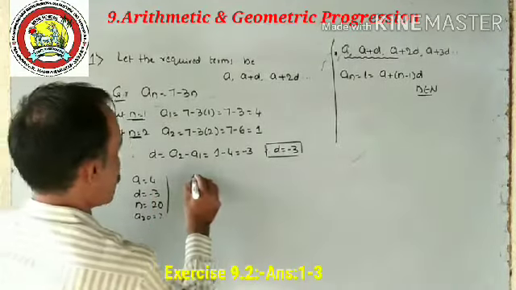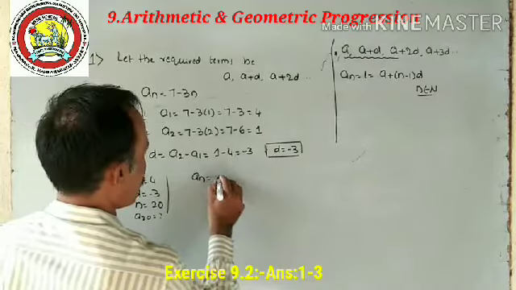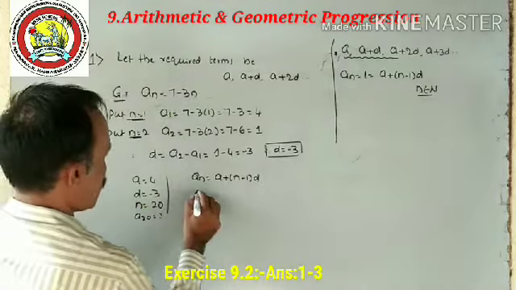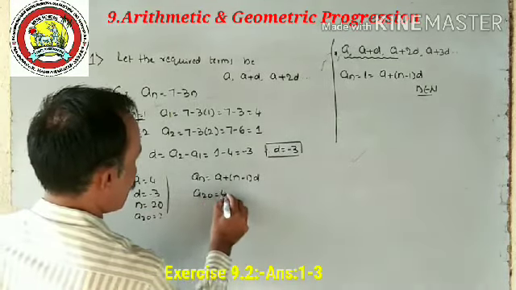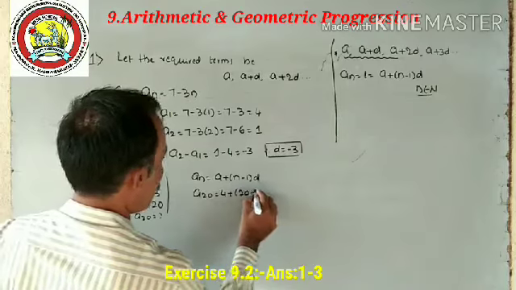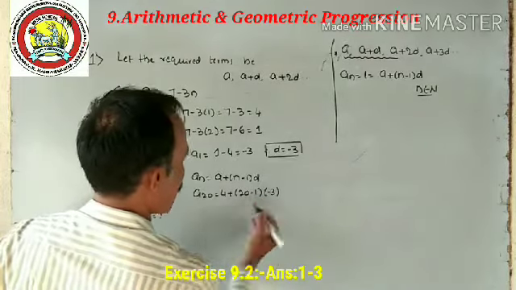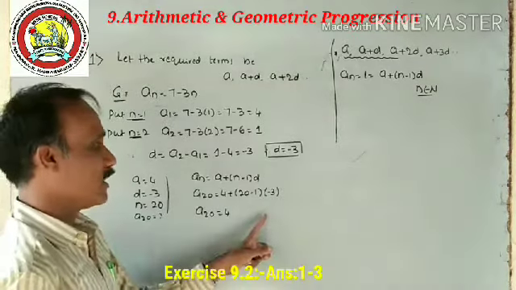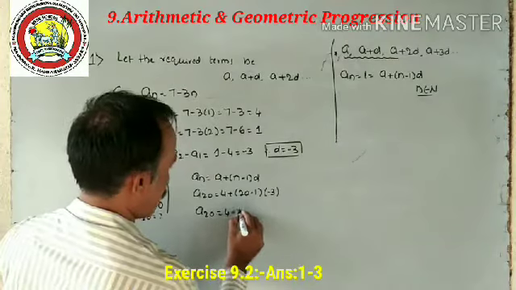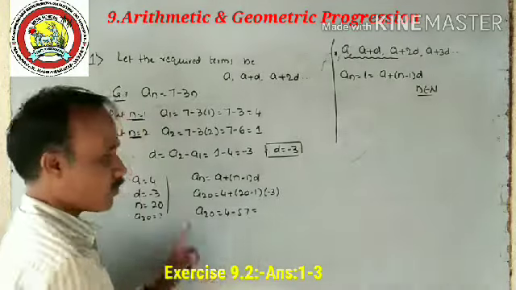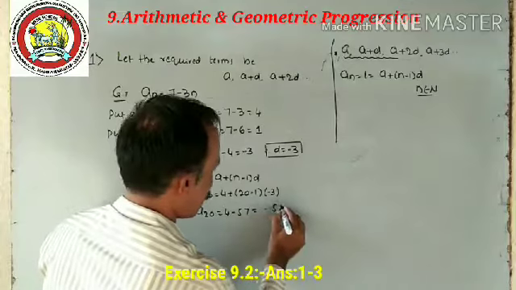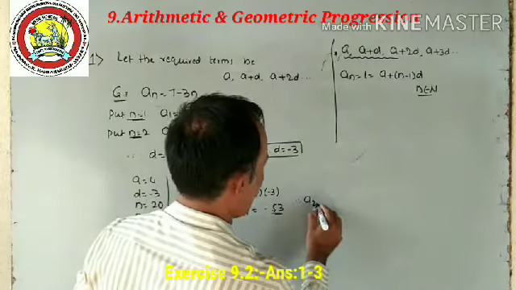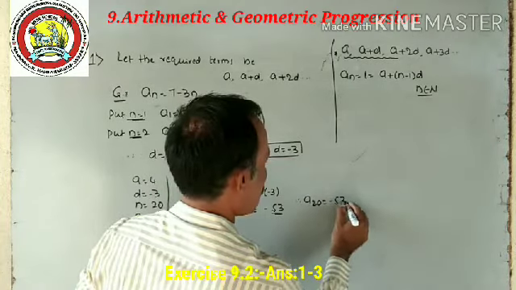The relation is an is equal to a plus (n minus 1) into d. So a20 is equal to 4 plus (20 minus 1) into minus 3, that is 4 plus 19 into minus 3, which is 4 minus 57, that is minus 53. Therefore, the 20th term a20 is equal to minus 53.